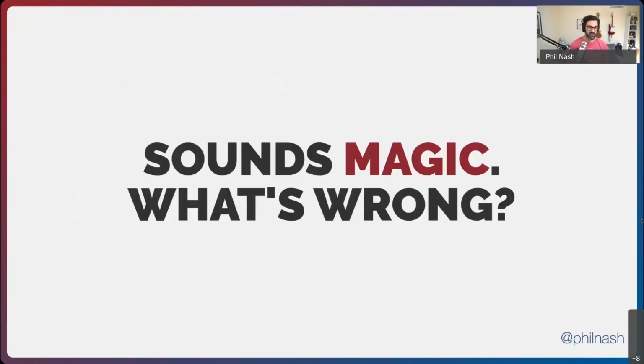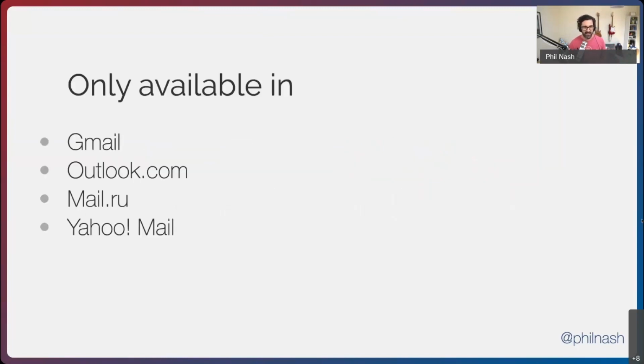So this all sounds pretty good. I think this AMP email has this potential to be really good. There must be some things that are wrong with it, right? Well, firstly, if you're not a user of Gmail or indeed Outlook.com, Mail.ru, or Yahoo Mail, then you probably won't have seen some of those experiences that I just showed, because AMP email only works inside of those.